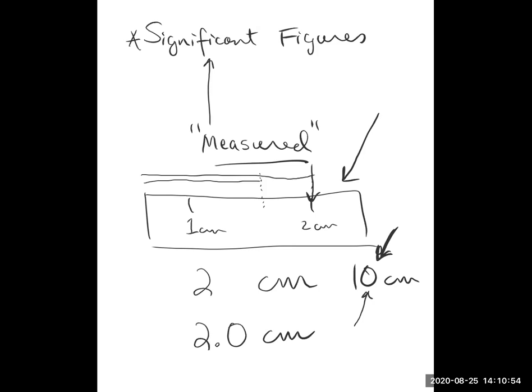Okay, so when we get to the zeros in a measurement, it can be a little bit confusing. So there are some rules, and I think you came across them in your reading, but I just want to go through a few numbers with you and decide how many sig figs for each.